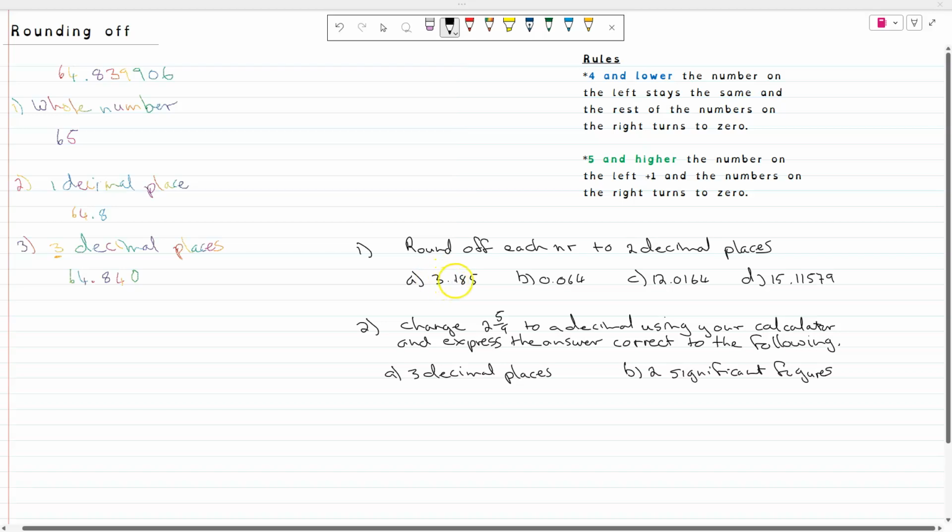A is 3.185, B is 0.064, C is 12.0164, and D is 15.1159. Then number 2, change 2 and 5 over 9 to a decimal using your calculator and express the answer correct to the following. A, 3 decimal places, and B, 2 significant figures.